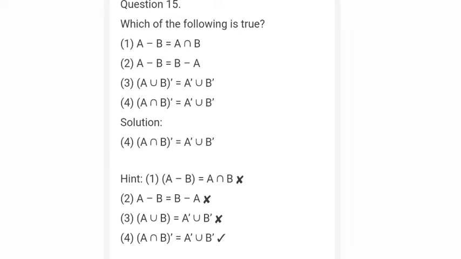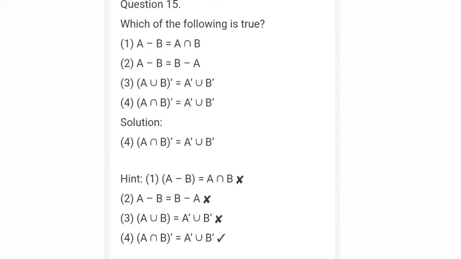We have to write De Morgan's law for complementation of sets. What is the formula? A intersection B the whole dash equal to A dash union B dash, first one. Second one, A union B the whole dash equal to A dash intersection B dash. Here, option 4 is De Morgan's law for complementation of sets, that is A intersection B the whole dash equal to A dash union B dash. Therefore the option is 4.